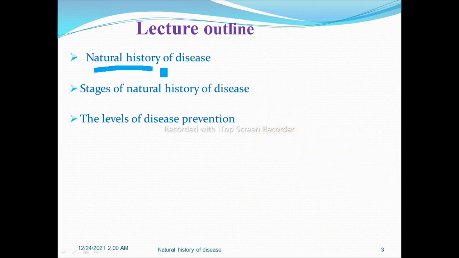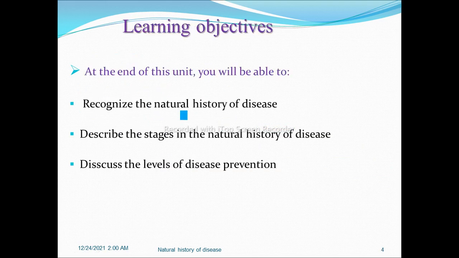This is the natural history of disease, stages of natural history of disease and level of prevention. These are our objectives we will cover.